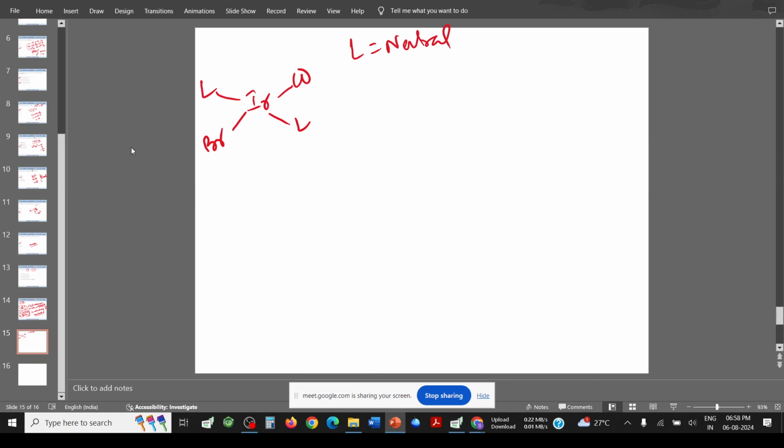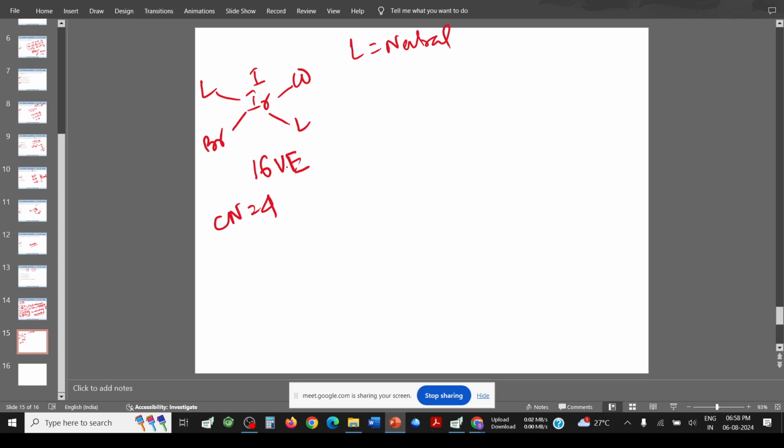Okay, so here the oxidation state of iridium is +1, and if L is a neutral 2 electron donor ligand, then the total valence electron count will be 16. Also it has a coordination number of 4.